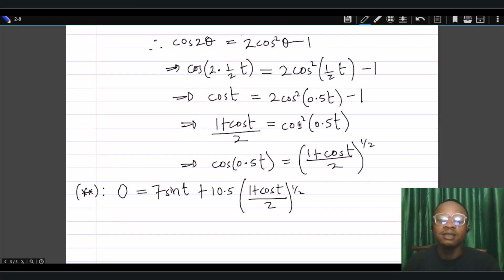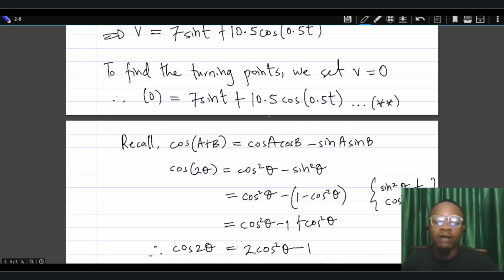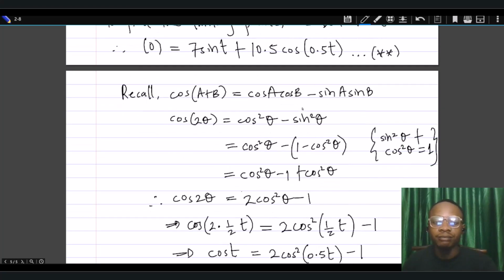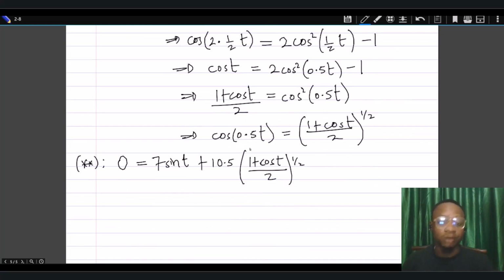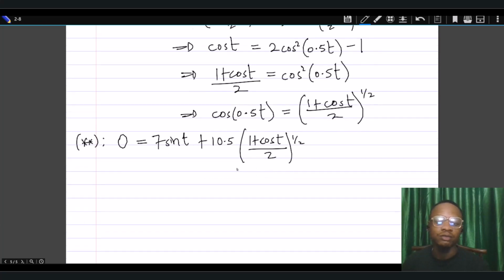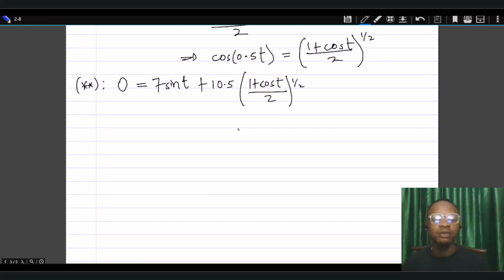Okay, so that is that about that. We now have an equation where the trigonometric functions present have the same arguments. So that's the purpose of what we've done so far. Okay, so we now have to deal with this.